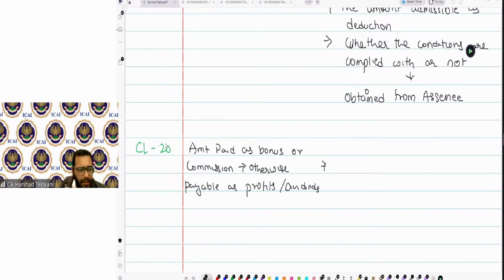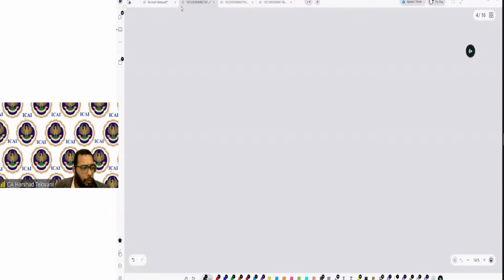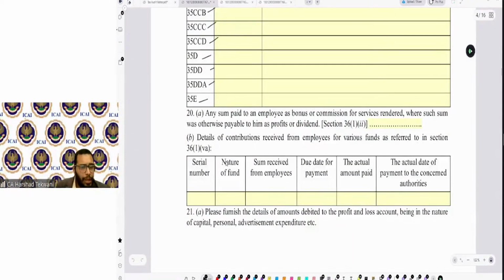In that case, we are required to report the details of such amount paid to an employee as a bonus or commission for services rendered, which is with reference to section 36(1)(ii).